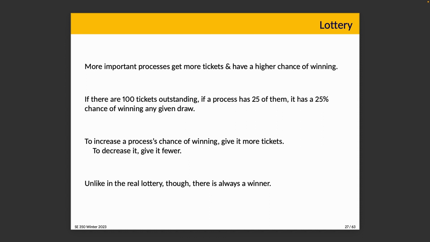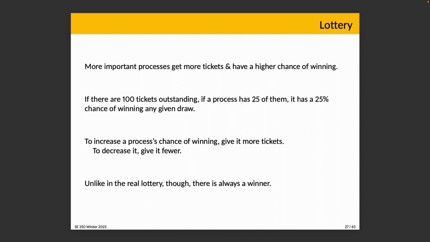If there are 100 tickets outstanding and our algorithm is sufficiently random, which is a big catch because computers are really only good at pseudo-random numbers, a process with 25 of them has a 25% chance of winning the draw. If we want to increase the priority, we give it more tickets. If we want to decrease it, we give it fewer tickets.